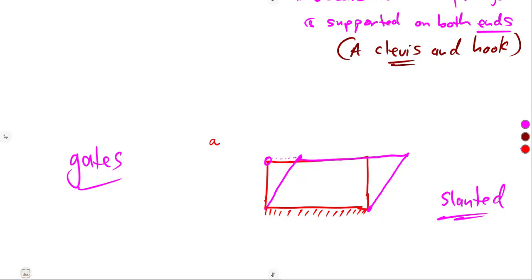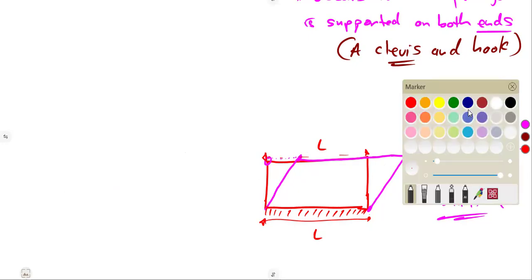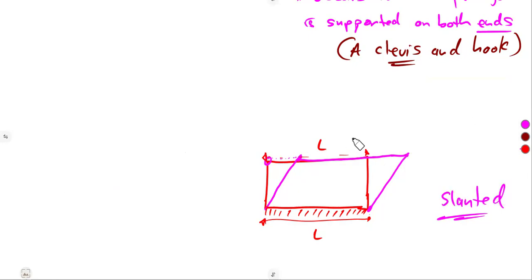So in this case, the object that we had originally had its length, which is our original length, from this point to this point. But due to this shear stress, there is an extension from this point to this point.